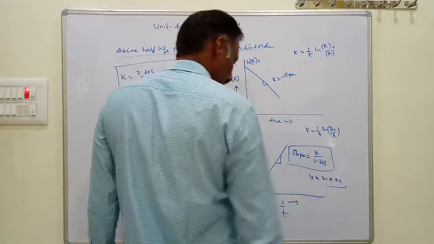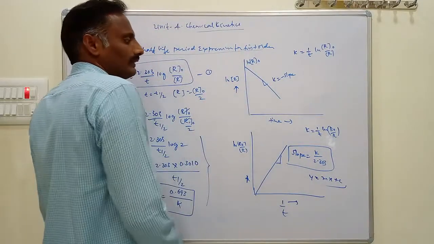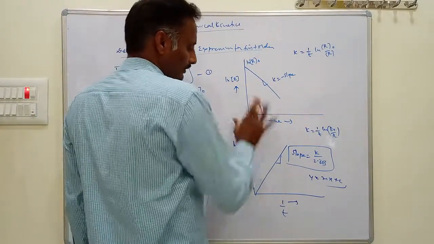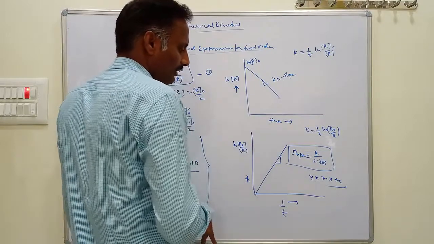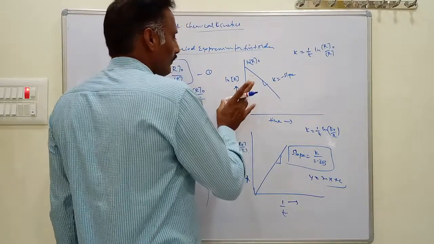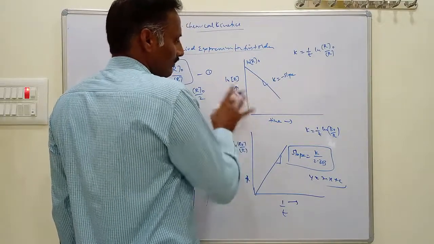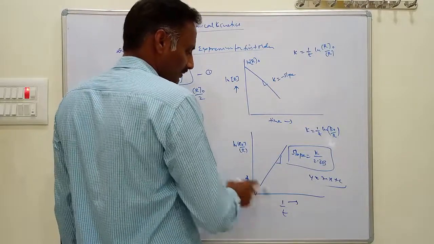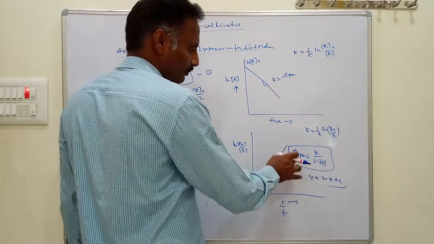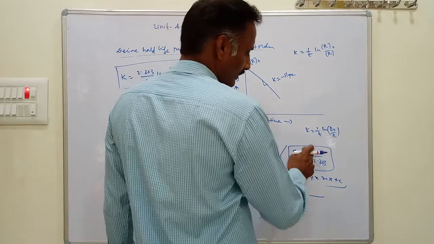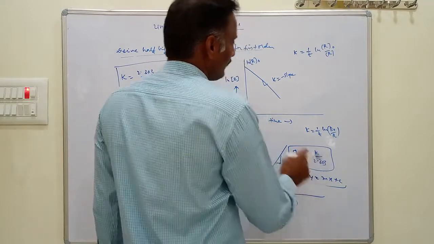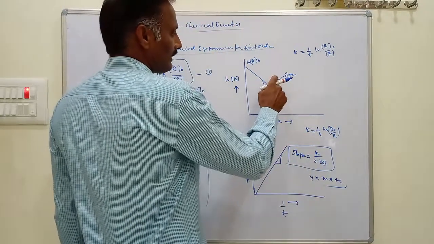These two graphs are important from the exam point of view. Sometimes they ask you to draw a graph of a first order reaction, that is ln R versus time, or ln R naught by R versus 1 by t. Here we get a positive slope, and slope equal to k by 2.303. For the first graph, k equal to minus slope.